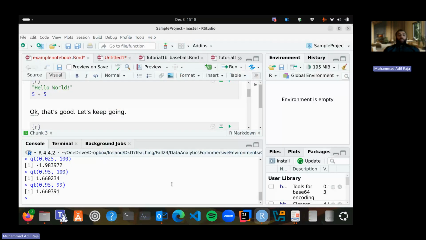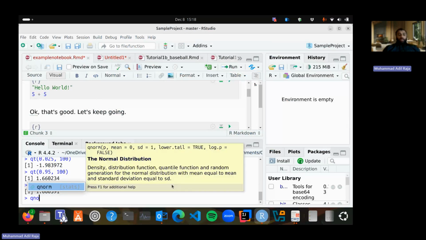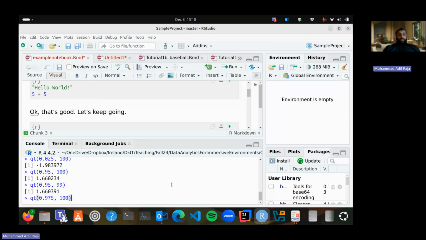By the way, we have this qnorm function. qnorm of 0.025 is equal to minus 1.959.